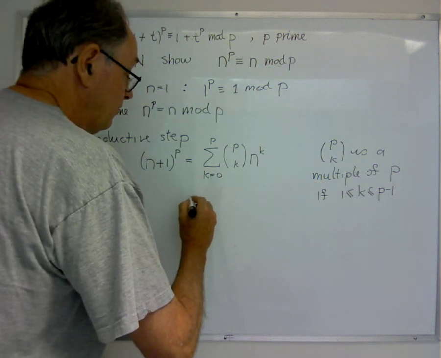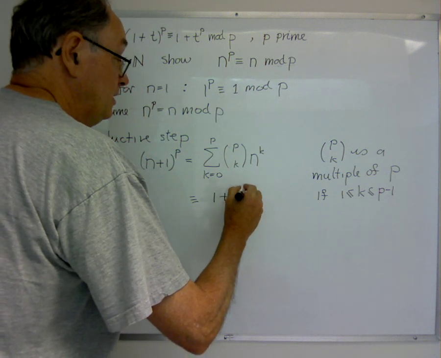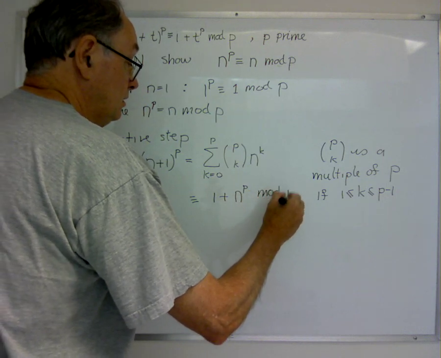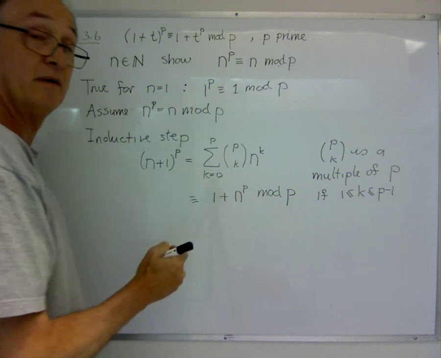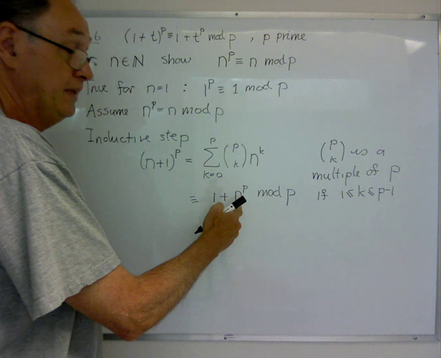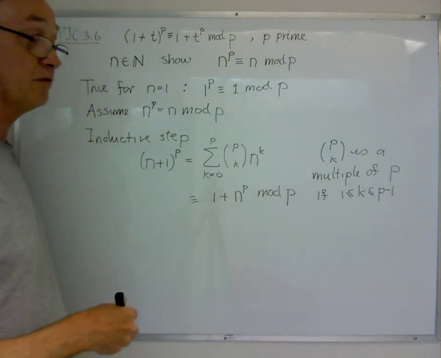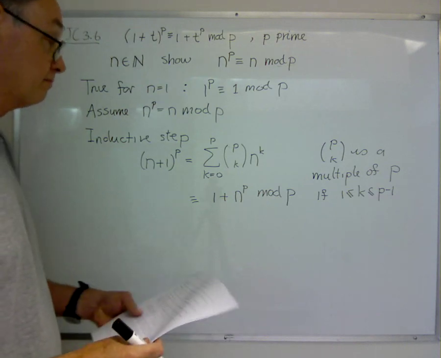So this is equivalent to 1 plus n to the p mod p. First term in here and the last term in there, right? k equal to 0, k equal to p. And all the others, this coefficient is a multiple of p, and so it is 0 in this equivalence.